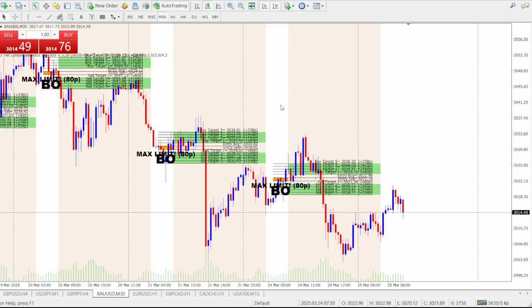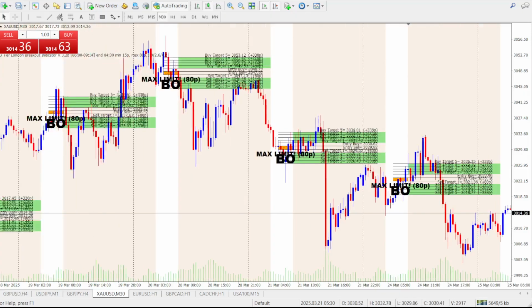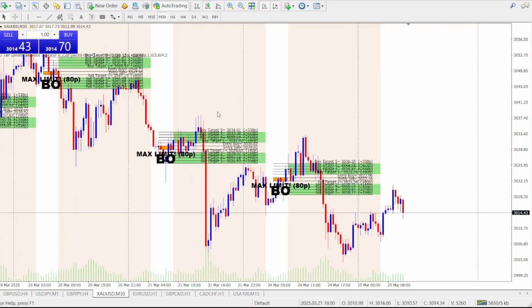The three-tier London breakout indicator does this by marking BO. The BO represents breakout. It marks the BO signals along with the expected number of pips before a breakout happens. You can see BO 80 pips, BO 80 pips, right? And then it provides clear buy and sell targets.